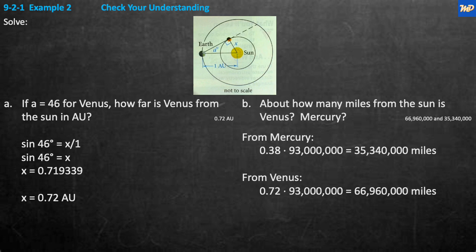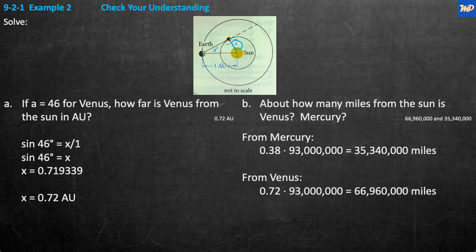So we're trying to find x, which is this distance right here, from the center of the sun to the center of Venus. We say the sine of 46 degrees, and x is the side opposite, and the hypotenuse is the distance from the sun to the earth, 1 astronomical unit.